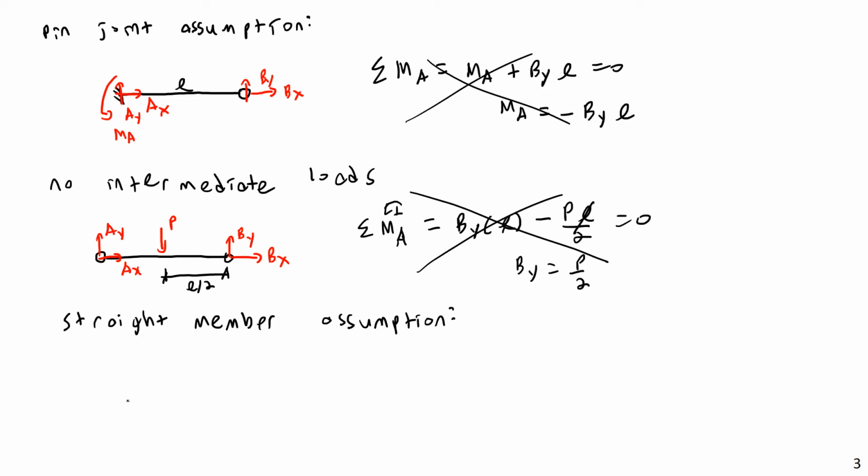Not a word you use very often, but this would definitely qualify as a wonky member. So let's say we have a member. It still has pins on both ends, but for some crazy reason, this time the member is crooked, not because of my poor art skills, but because of a deliberate choice. So let's say we have this really weird member that does this kind of S-curve thing.